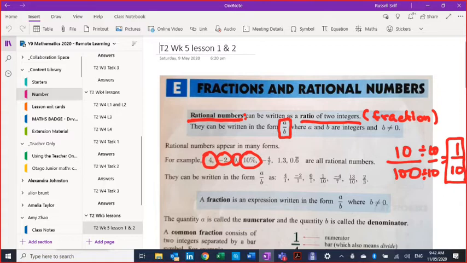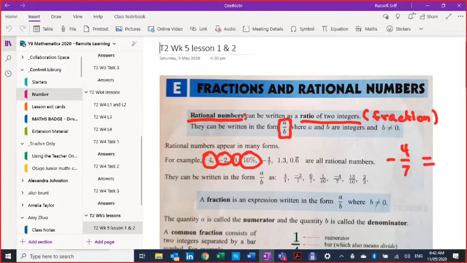Okay? Now, -4 over 7 is already a rational number. The thing about that one is that you need to be aware of what happens to the sign. The sign is in front of it, right? But when you have a rational number, you can have a couple different ways of doing this.